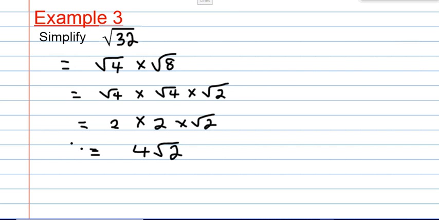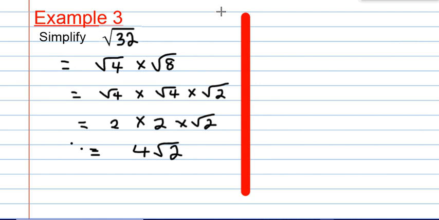But for those of you that saw it straight away, I'm just going to do it on this side to show that it depends on what you see quickly. For those of you that saw it differently, it's root 16 times root 2.